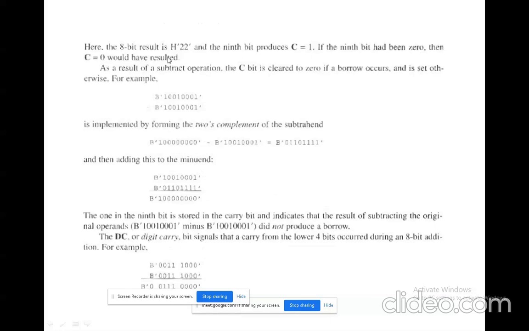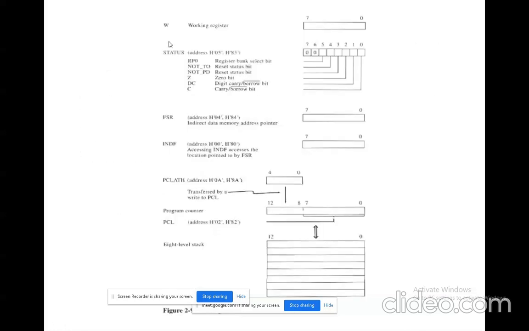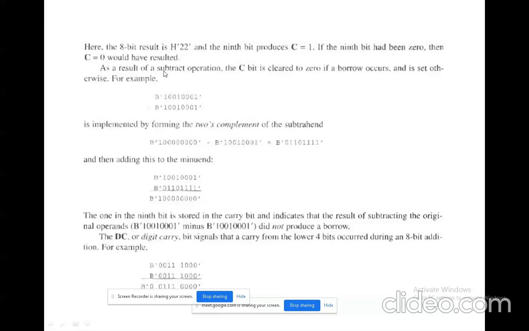If a carry occurs as the ninth bit, then your carry bit in the status register will be set as 1. As a result of a subtract operation, the C bit is cleared to 0 if a borrow occurs and is set otherwise. For example, they have given a subtraction: if borrow occurs, then the carry bit will be set as 1. Otherwise, it will be 0.